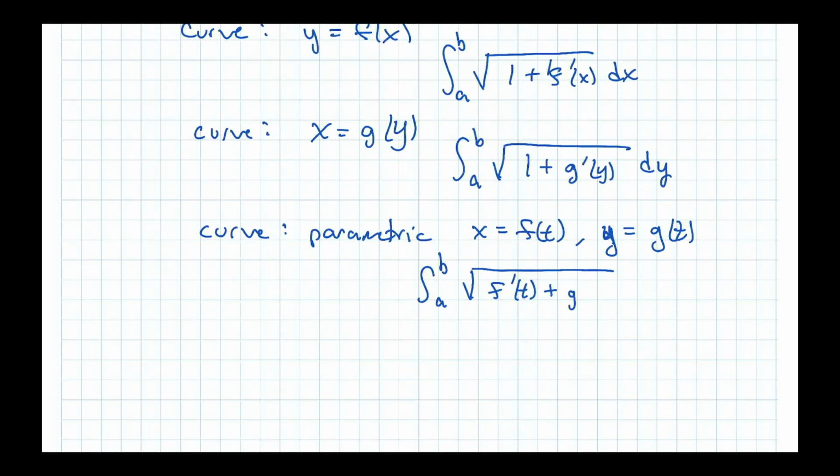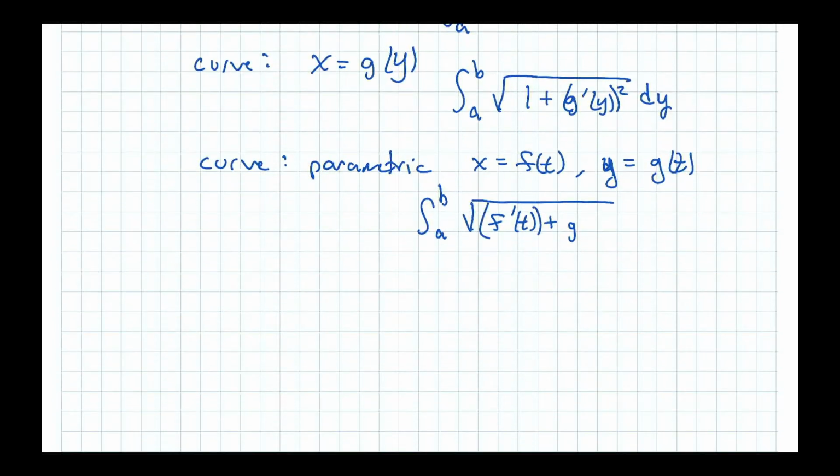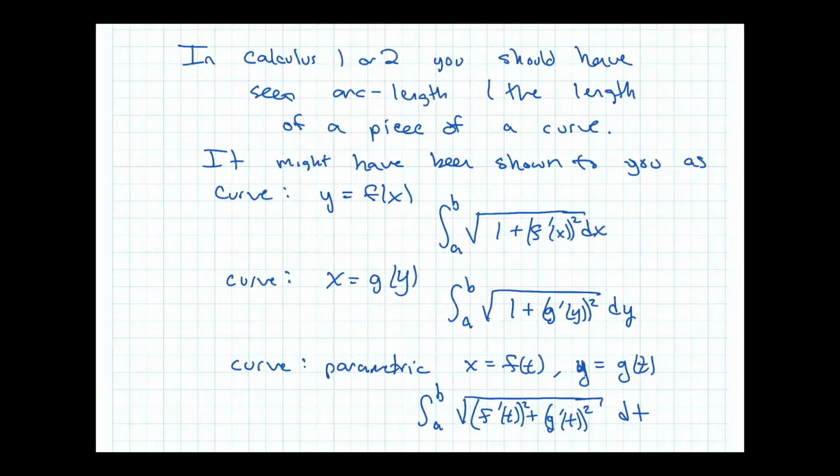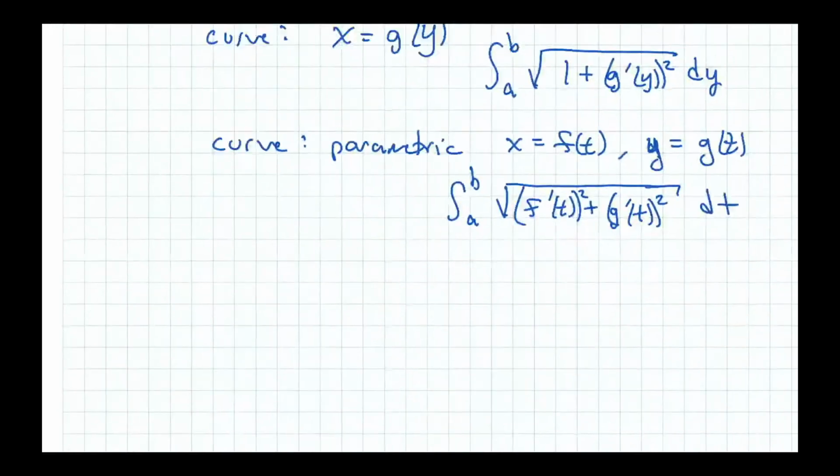I wrote these all wrong, they're all squared. Okay, so you would have seen this in several different contexts, and it's still the same in this class. What you learned about arc length basically still applies.